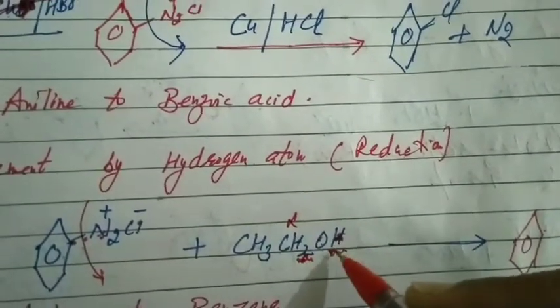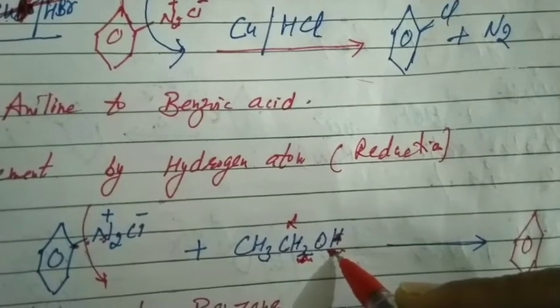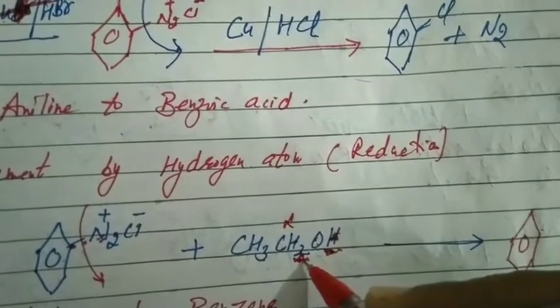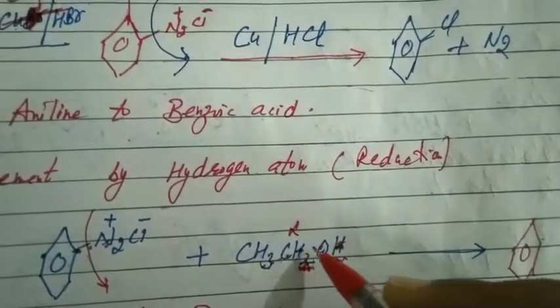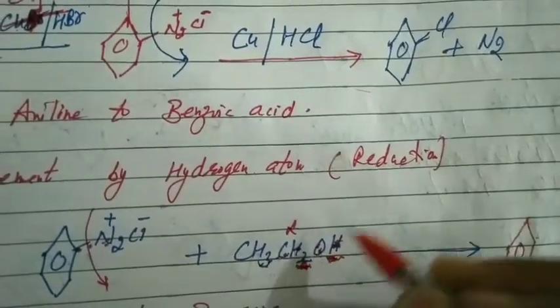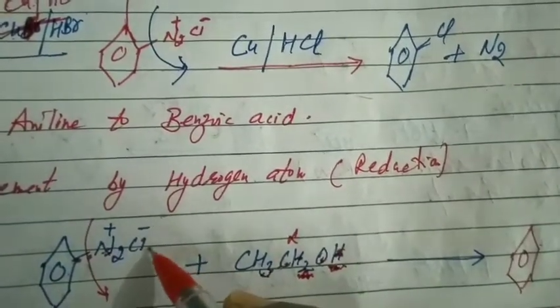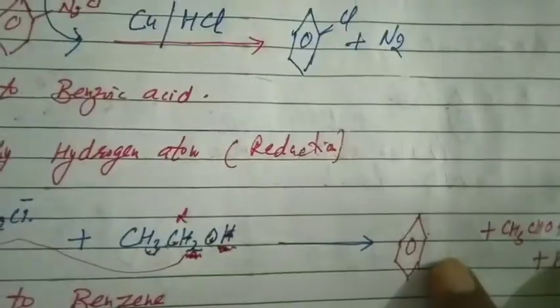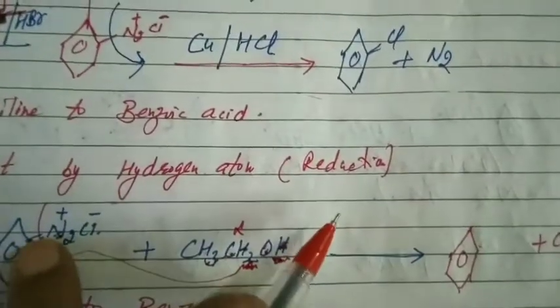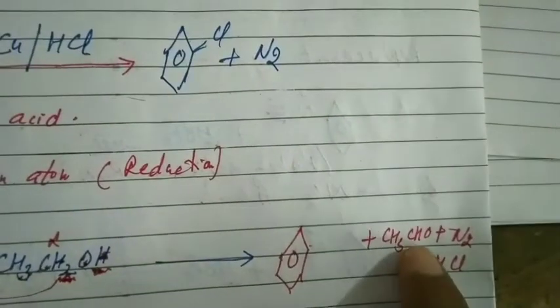We eliminate one hydrogen from the hydroxyl group and one hydrogen from the alpha carbon. The alcohol oxidizes, and we get CH3CHO as a byproduct. Now what will happen? The diazonium group withdraws an electron as N2, one of the H strikes Cl to form HCl, and the second H strikes the phenyl ring to form benzene. Benzene plus N2 plus HCl, and the alcohol oxidizes to CH3CHO.